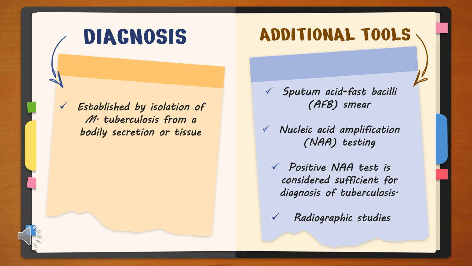Additional diagnostic tools include sputum acid fast bacilli, or AFB smear, and nucleic acid amplification, or NAA testing. A positive NAA test with or without AFB smear positivity is considered sufficient for diagnosis of tuberculosis. Radiographic studies are important supportive diagnostic tools.